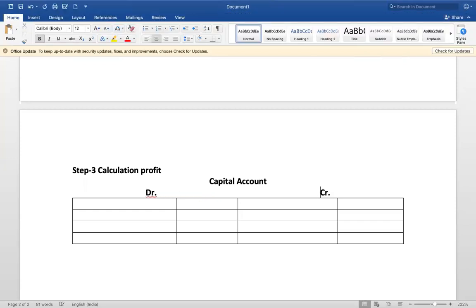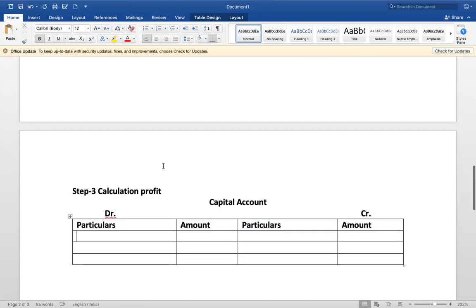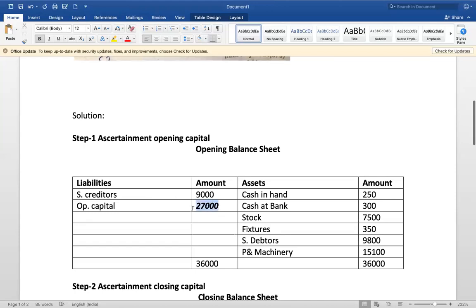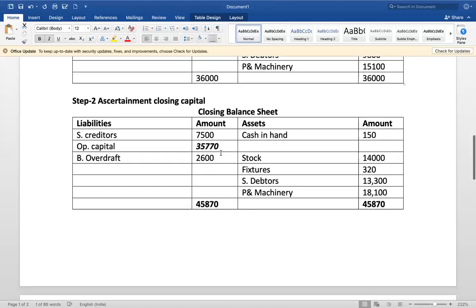You have particulars and amount on both sides. The opening balance of the capital is 27,000, and the closing balance of the capital is 35,770.